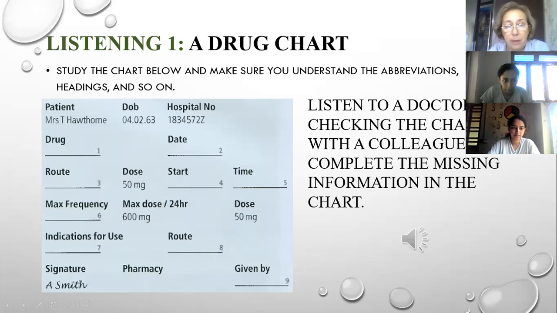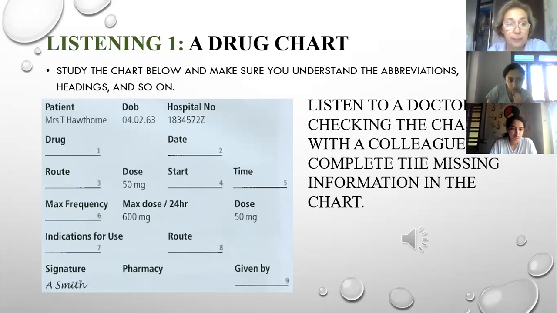It should be taken. Route of administration. Dose we see 50 milligrams. Start and time. Time when the administration starts. And what time? Okay. Maximum frequency is this is OD, or so these abbreviations we were discussing, like ON, BD.